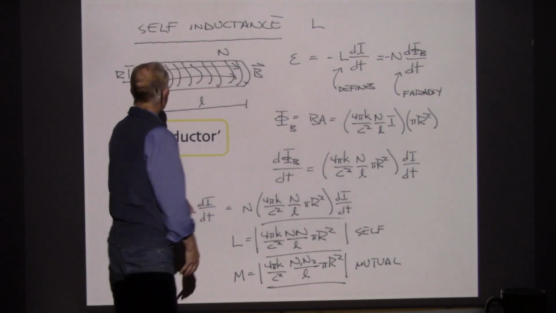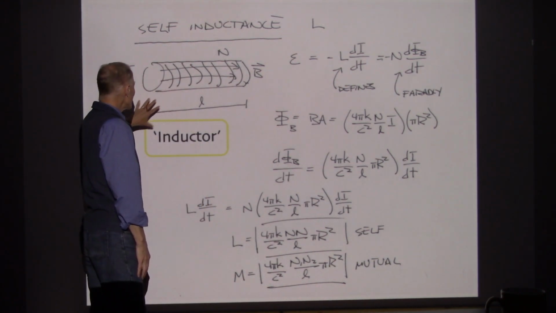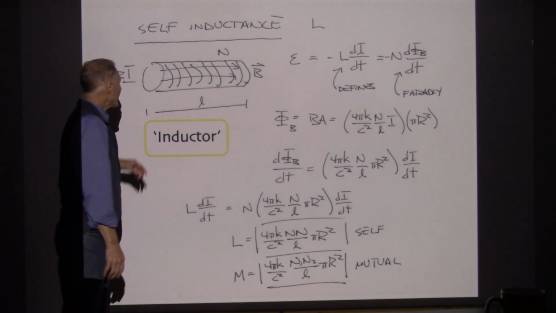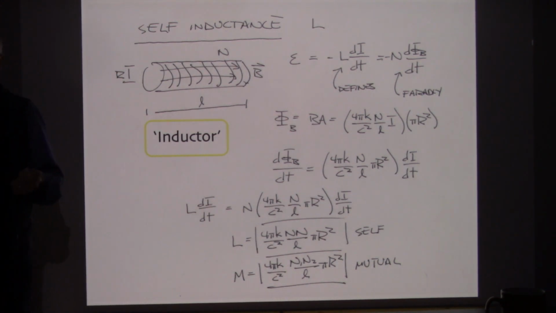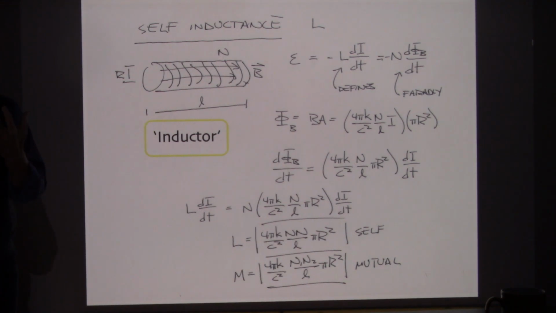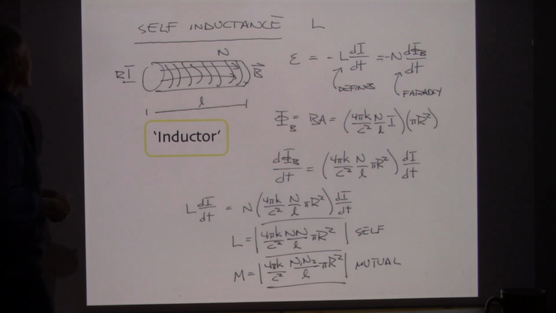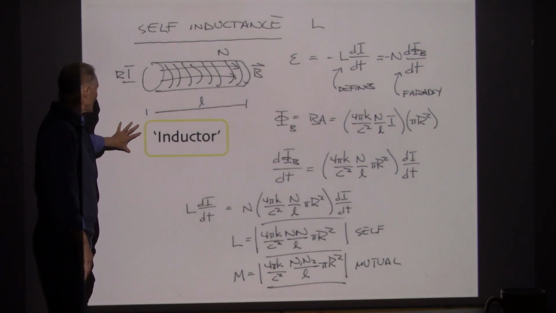But for right now, here is the inductor. This is actually a device that we're going to start putting into circuits. What have we looked at in circuits so far? Well, we've got batteries. We have power sources of different types. And then as far as devices, we have resistors and we have capacitors. So we're going to add one more to that list, and that is what we call an inductor.